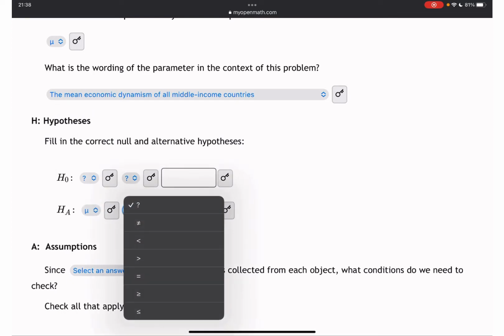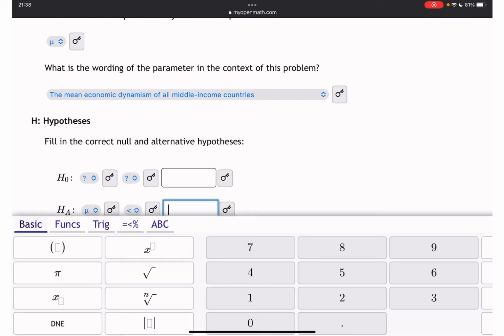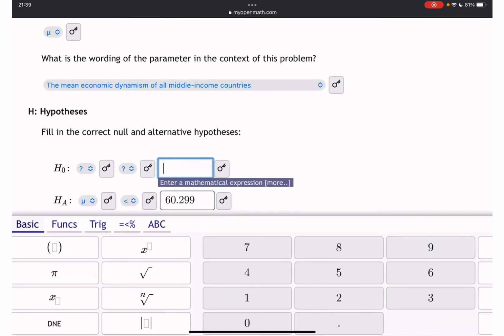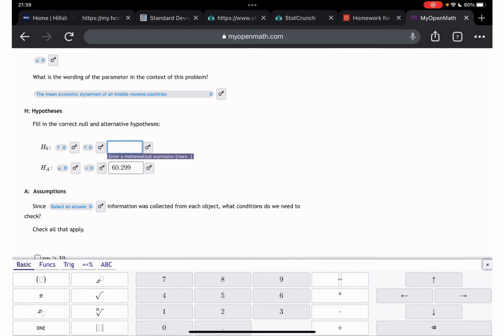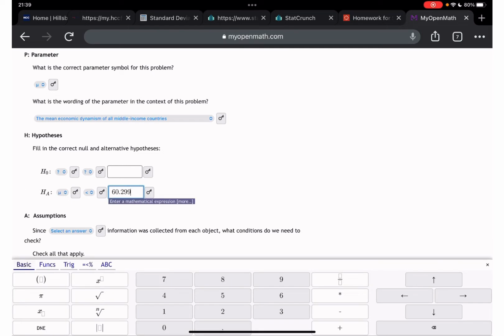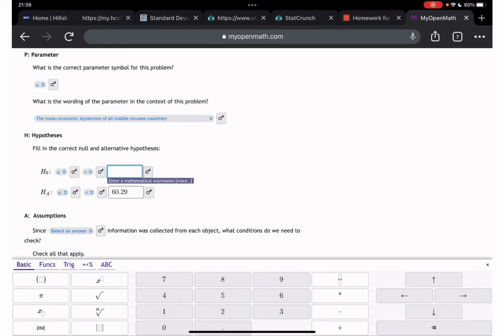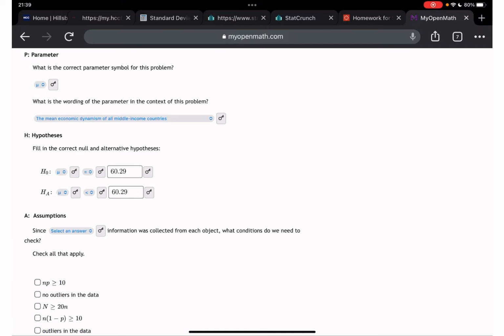And the claim is that it's less than, and how much was it? 60.29. Accordingly, the null hypothesis is going to be that mu is equal to 60.29.